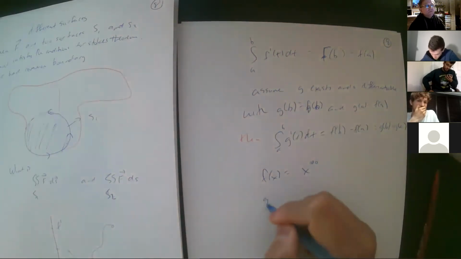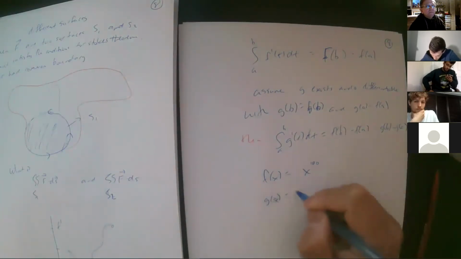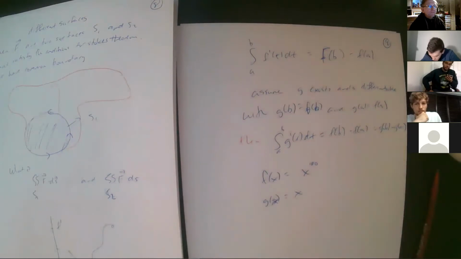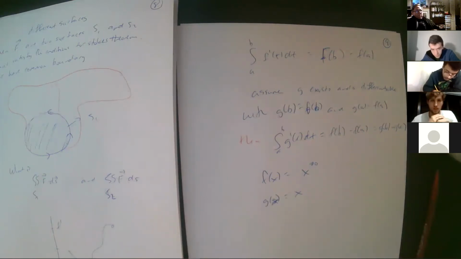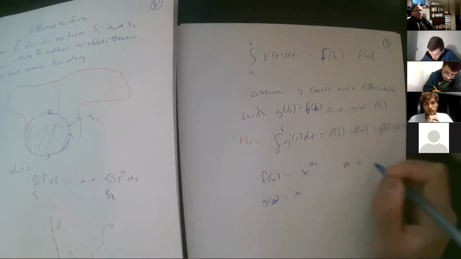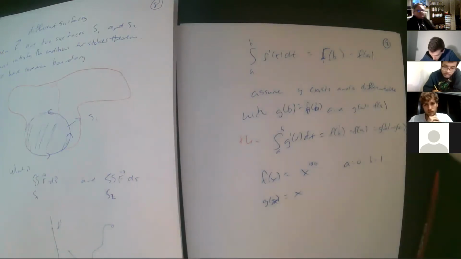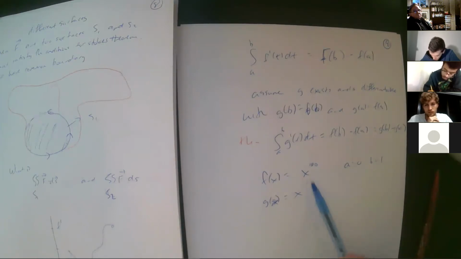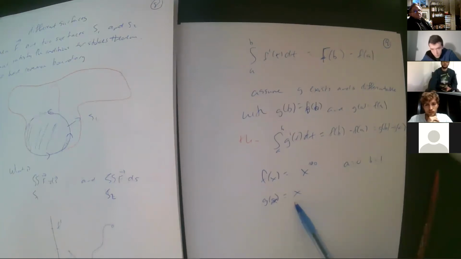And g of x is equal to x. These are two very different functions, right? a is equal to 0 and b is equal to 1. f of 0 is 0. f of 1 is 1. That's the same as g of 0 and g of 1. Correct?